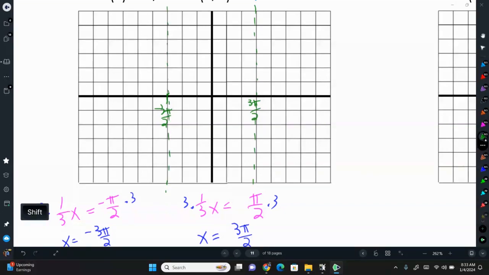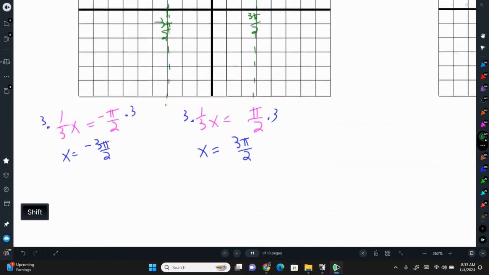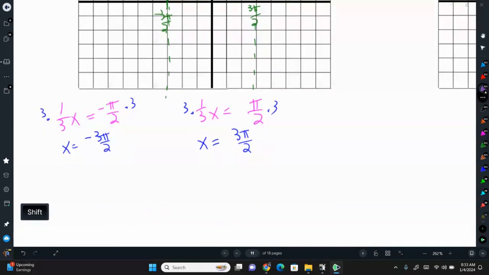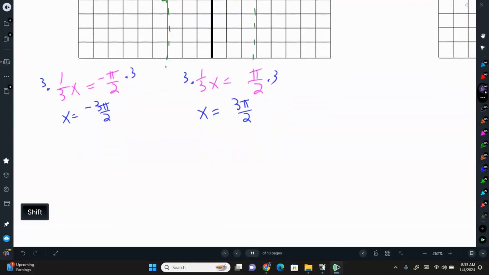Now look at the period. The distance between them is 6 of these blocks, or we could subtract these two to find the distance. To find the period, the period is going to be pi over b, 1/3. Well, that's going to be multiplied by 3 over 1 instead, so we get pi times 3, or 3 pi.